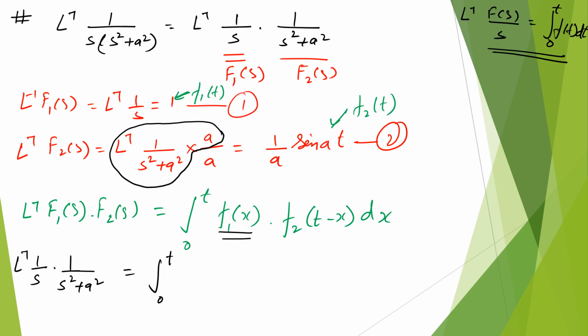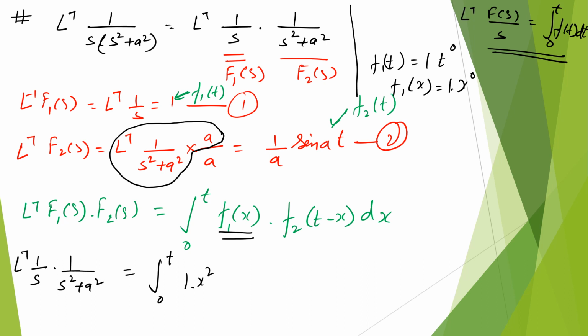The first function f1(t) is equal to 1, that means t to the power 0 is multiplied. So f1(x) is equal to 1 into x to the power 0, so it will be just 1.